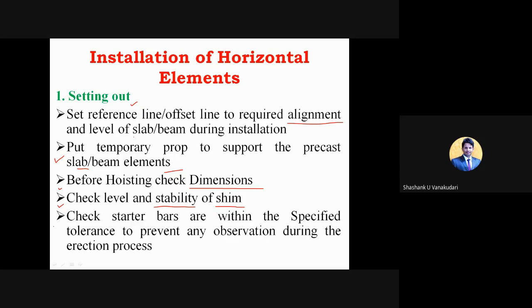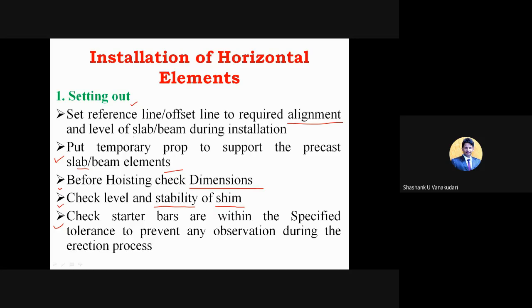And then check that the starter bars are within the specified tolerance, just to prevent any obstructions during the erection process. As I said, starter bars are provided to the horizontal members to carry the weights of the structural members.